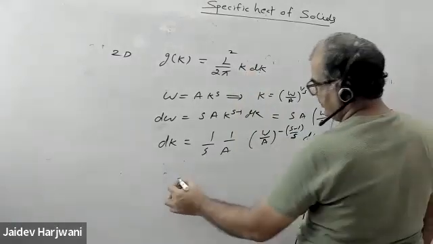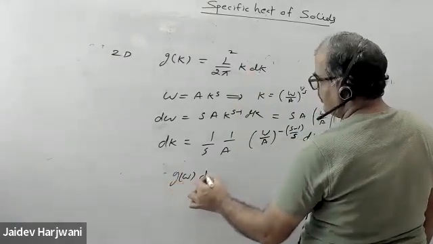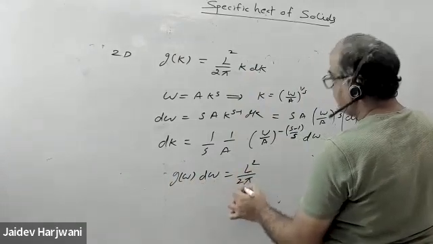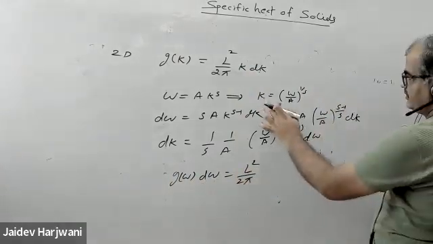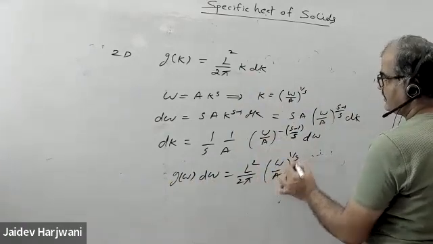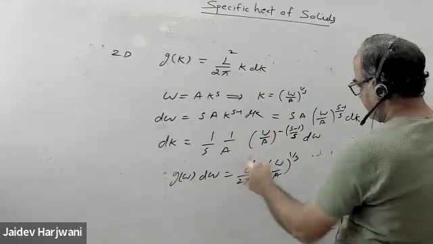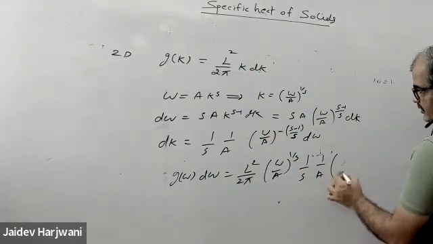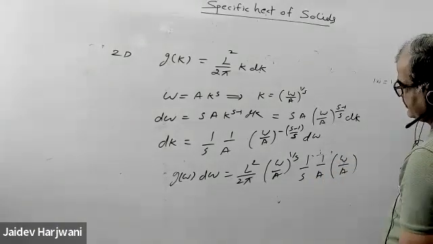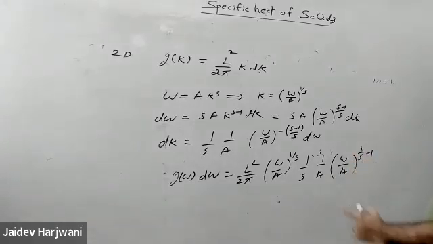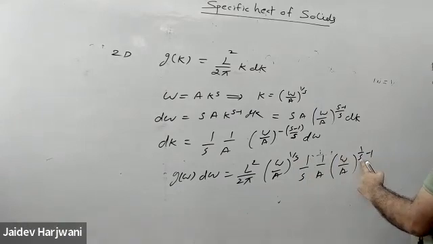So g omega d omega will be L square upon 2 pi. The k value is omega by a, power 1 by s, and the dk value we already have: 1 upon s, 1 upon a, and omega power a, which is 1 upon s minus 1. Now this 1 upon s becomes 2 upon s.